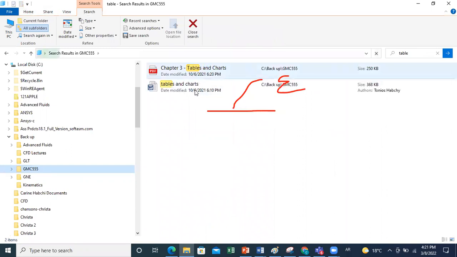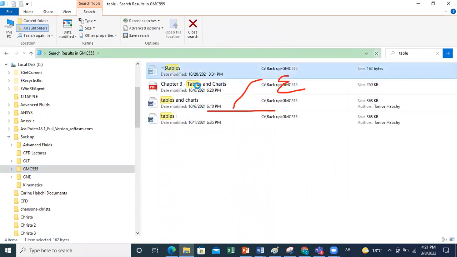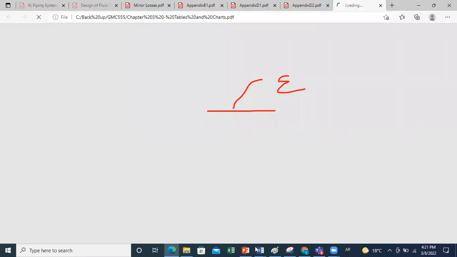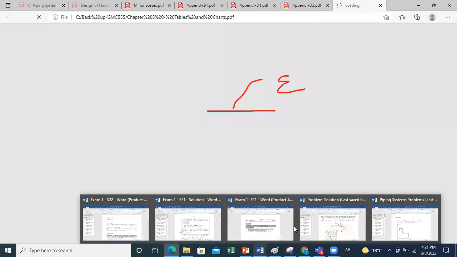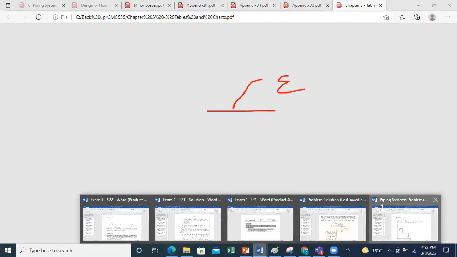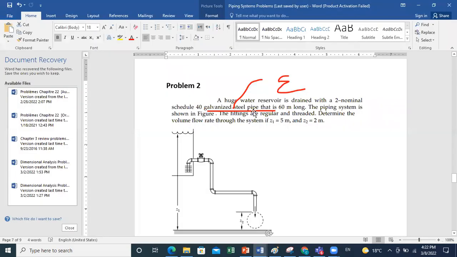So if you check this table, you can get the corresponding value of epsilon for galvanized material. Okay, so we have galvanized steel pipe, from which we will get epsilon.